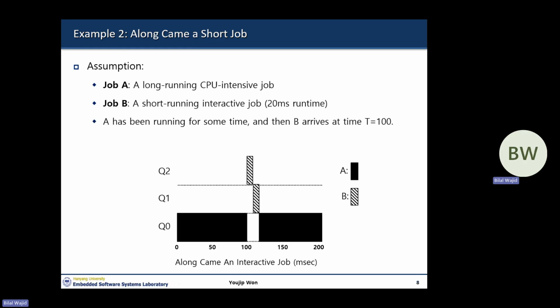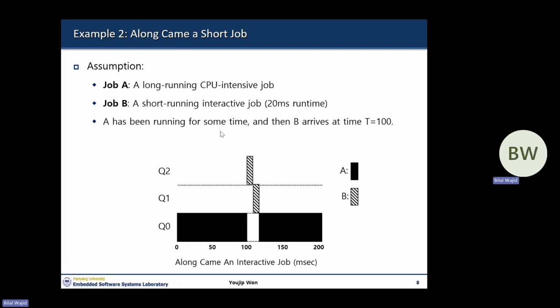In this particular instance, once a particular job A is already placed in the lowest priority level, maybe it is a CPU intensive job, it consumes the entire time slice whenever it's allocated the CPU. And then comes along another job, which is a shorter interactive job.